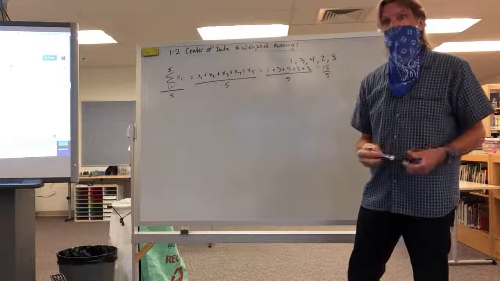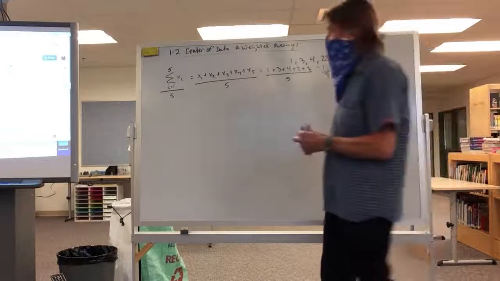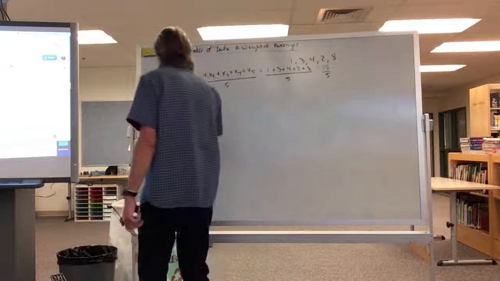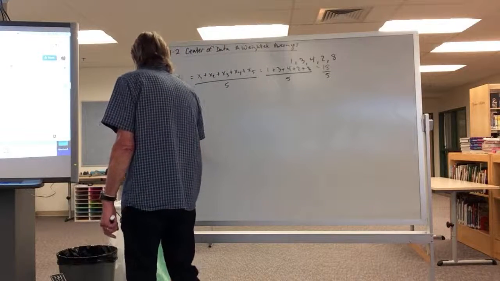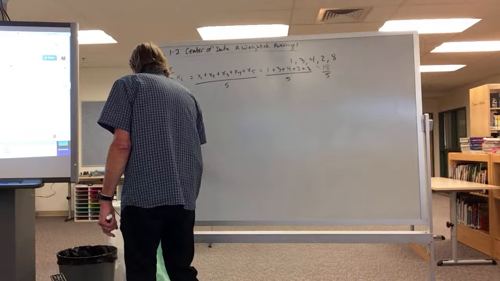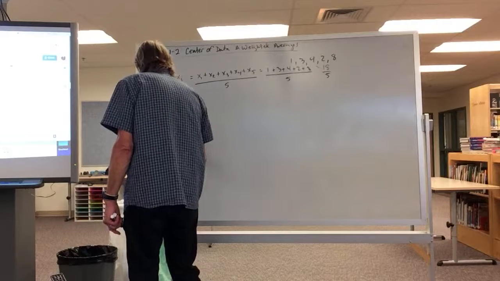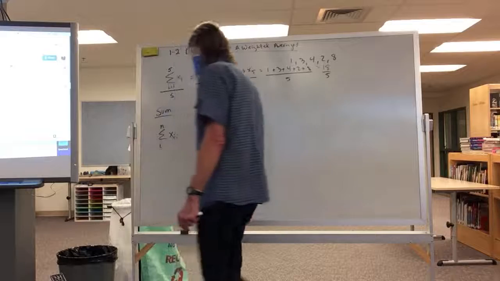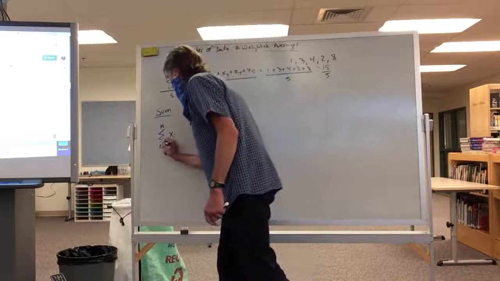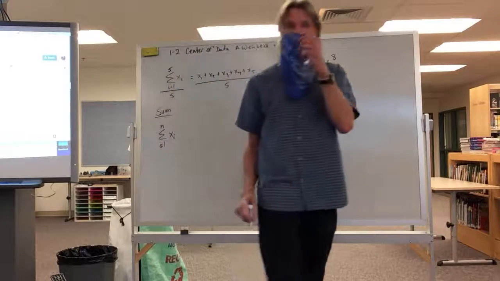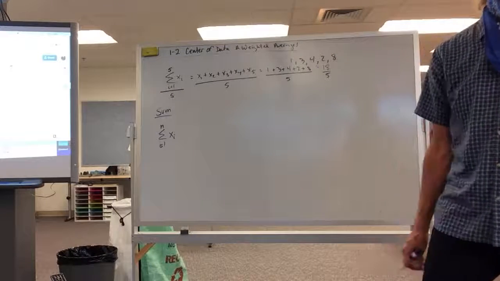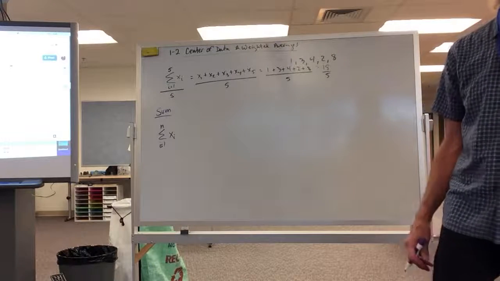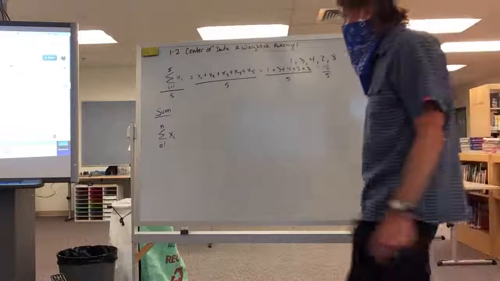Now, in general, how do we write this? Well, here's how we write it. We write the sum of the first n terms, n's the variable, can be any number of terms that we have. It could be 2, 10, a million, whatever. In this case, we have 5.